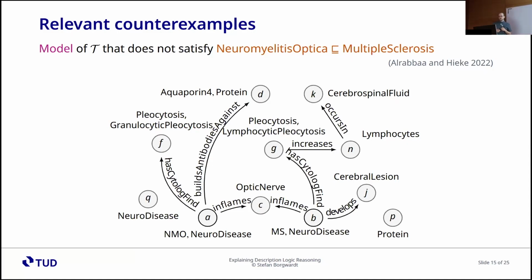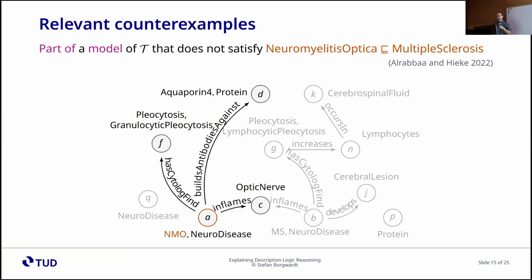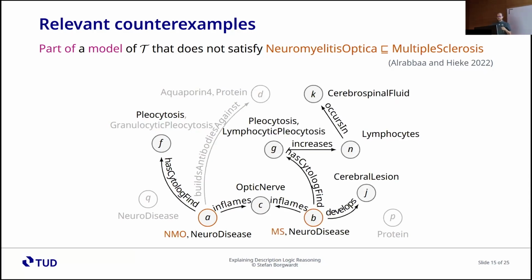And then they try to identify some criteria under which you can restrict the part of the model that you have to show in different ways. Again, I cannot give many details here, but basically trying to identify the parts of the model that really are relevant for the entailment and just leave out the stuff that is not really useful there, so you can really focus on the part that you want to explain.